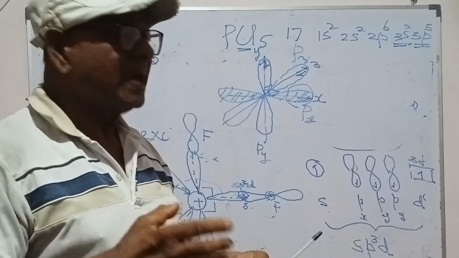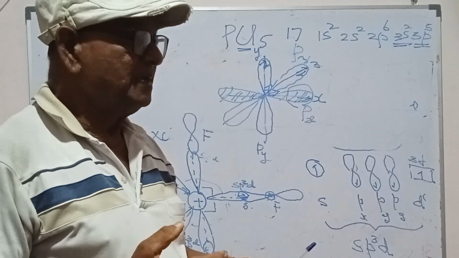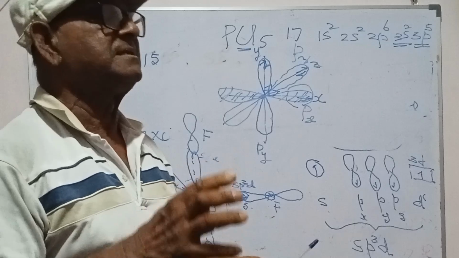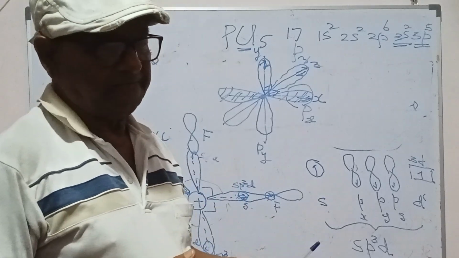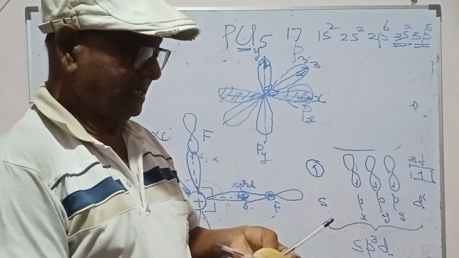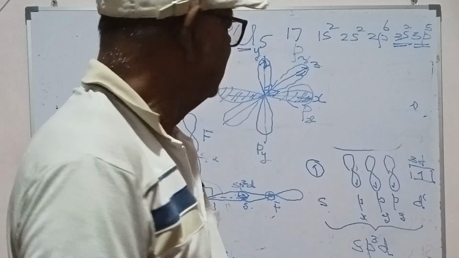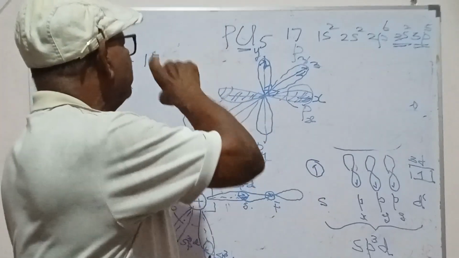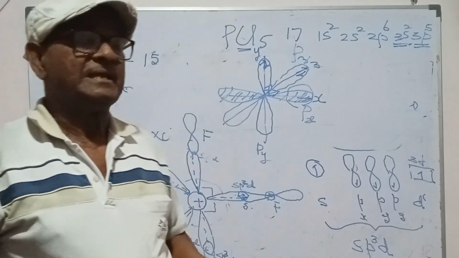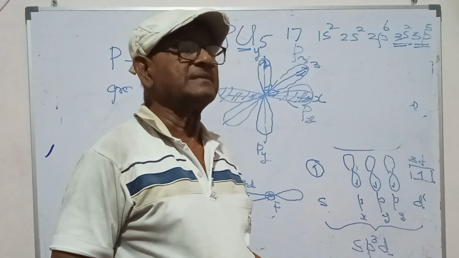It is related with sulfur. From my next video, I hope to explain the last type of hybridization. Right? I think now you are able to understand very well the fourth type of hybridization. It is the sp3d type of hybridization related with the phosphorus atom.